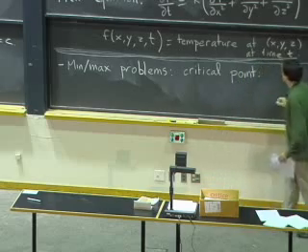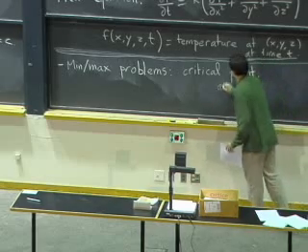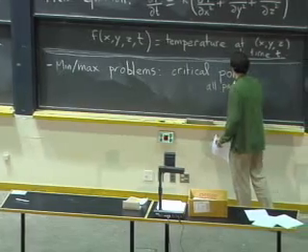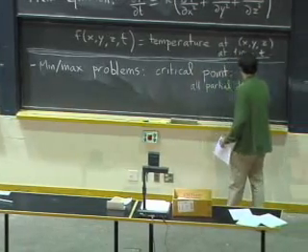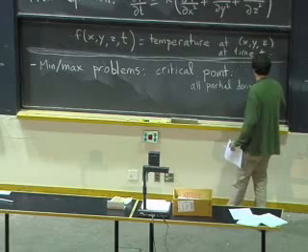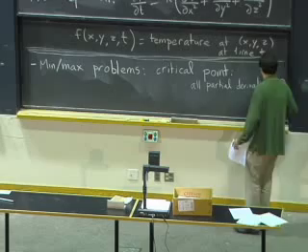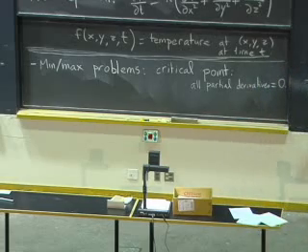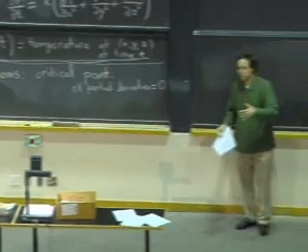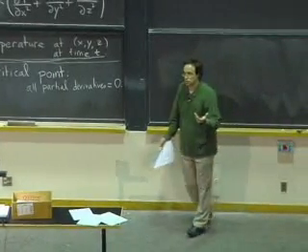A critical point is when all the partial derivatives are 0. And then there are various kinds of critical points. There are maxima, there are minima, but there are also saddle points.